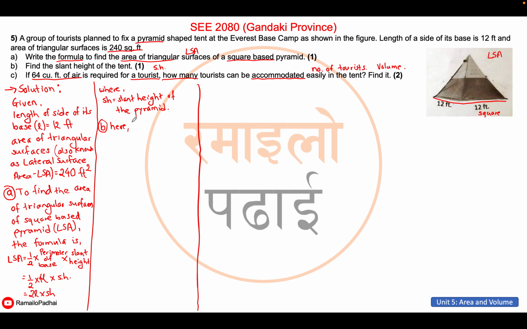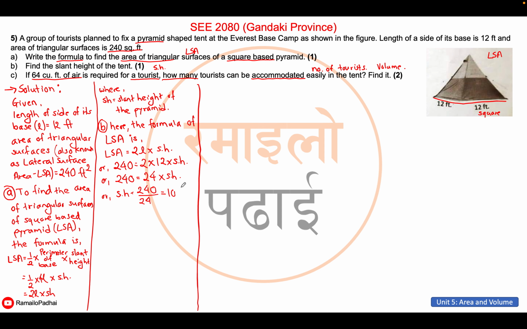Here the formula of LSA is LSA is equal to 2L times SH, or LSA is 240 is equal to 2 times L, which is 12, times SH, or 240 is equal to 12 times 2, 24 times SH, or SH is equal to 240 upon 24, which is equal to 10 feet.